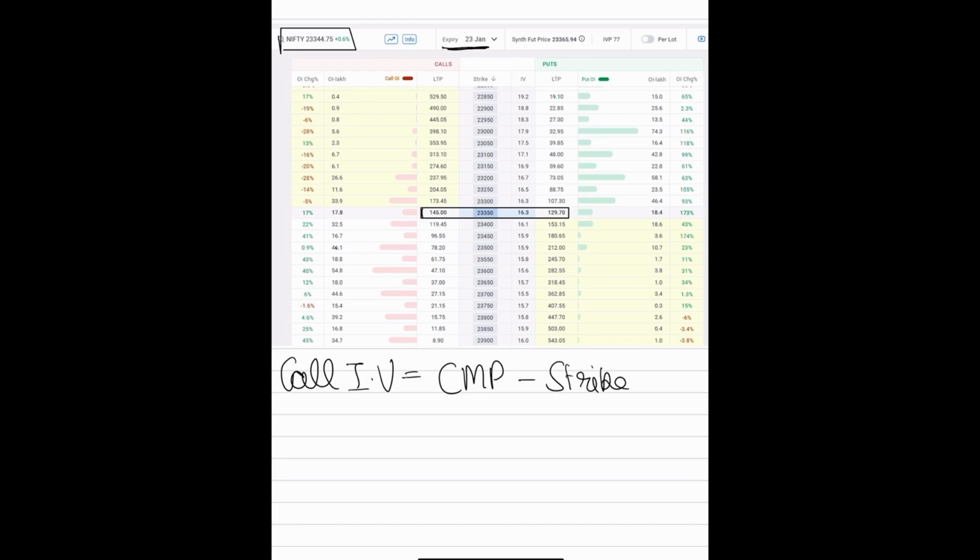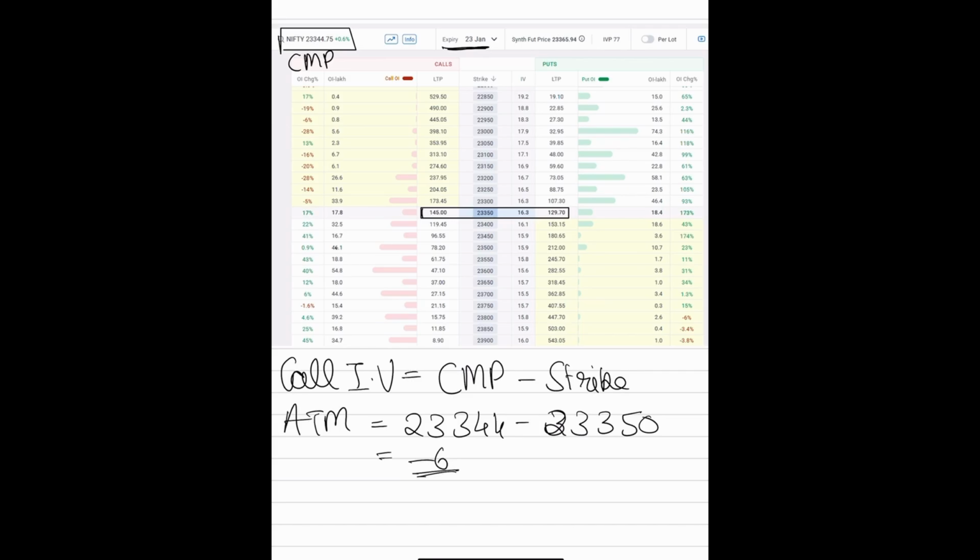The CMP that we got is 23,344. First, we'll calculate it for the ATM. So the ATM is 23,350. So what we get here is minus 6.